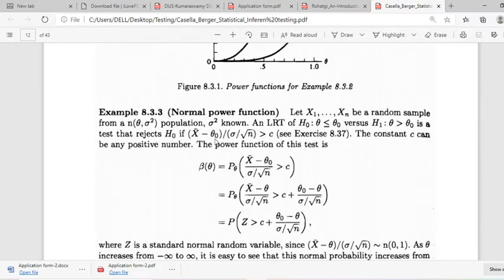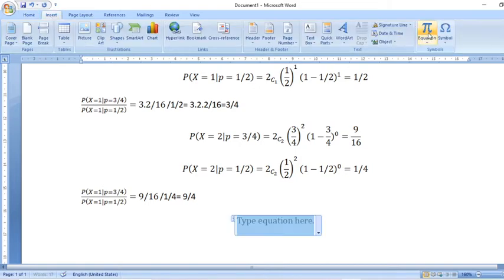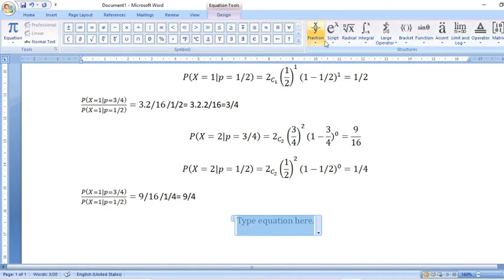and we can reject the null hypothesis only when x bar is greater than some c. Okay, x bar.